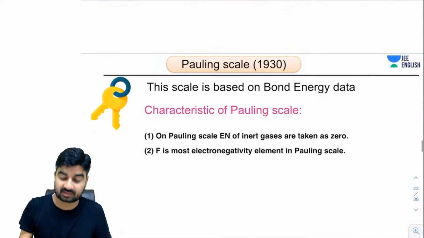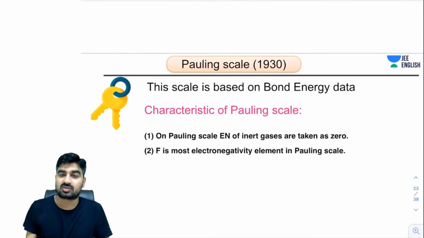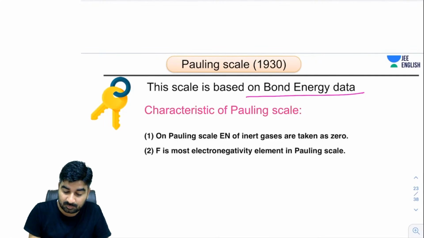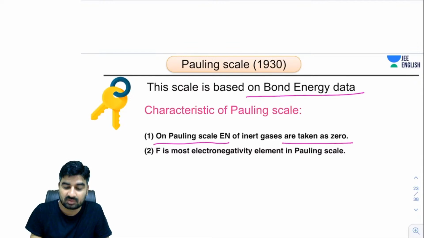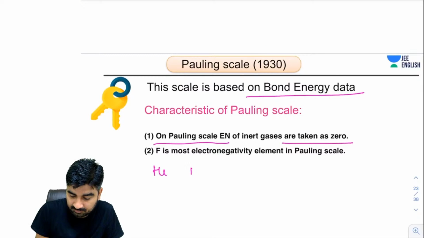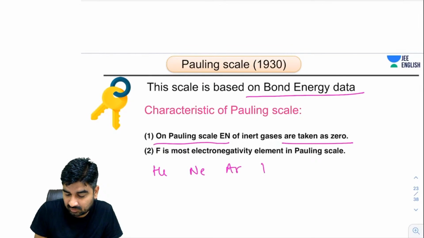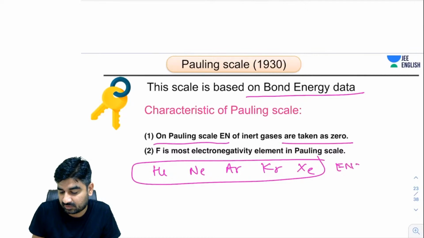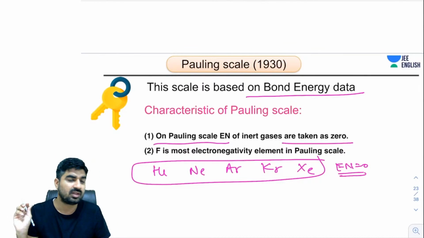So now the Pauling scale. This scale is based on bond energy data. Now characteristics of Pauling scale. On Pauling scale, electronegativity of inert gases is taken as 0, that is helium, neon, argon, krypton, xenon. These have electronegativity of 0. Why?